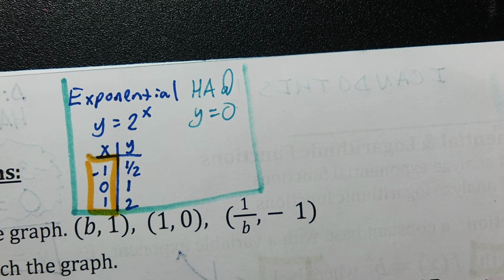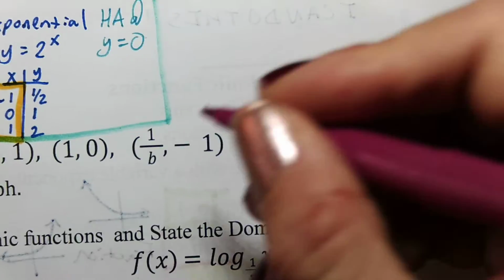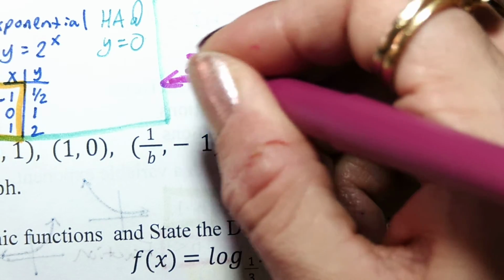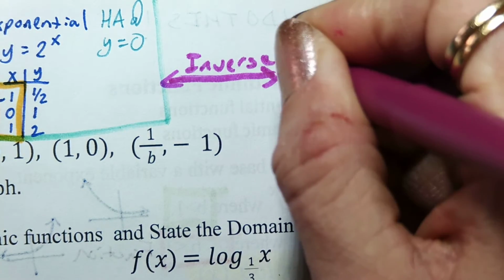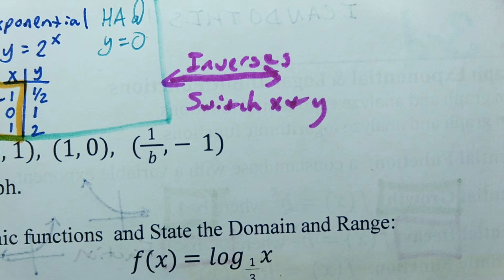Does anyone remember what finding an inverse meant back in unit 3? What does that word inverse make you think? Opposite. What do we switch around or make opposites between inverse functions? We switch x and y. So I want you to write that exponentials are inverses of logs, which means we switch x and y.